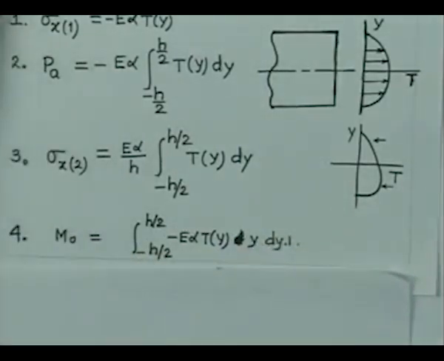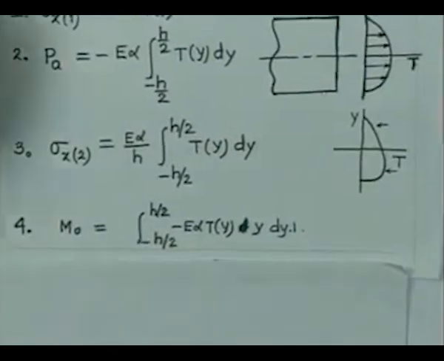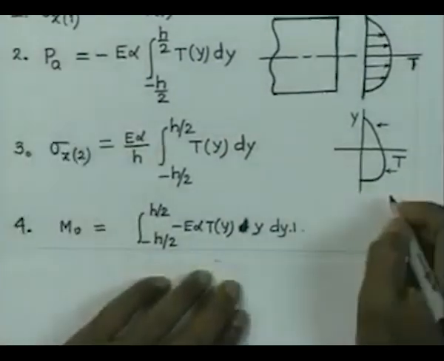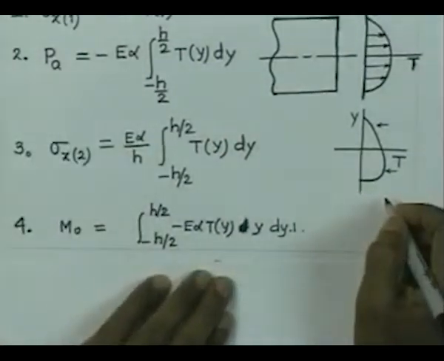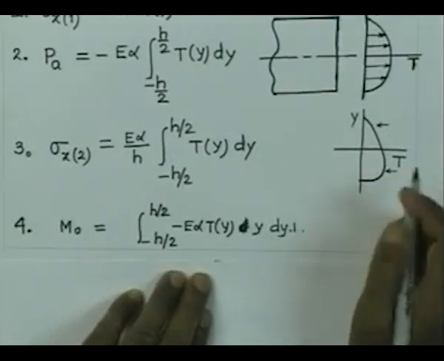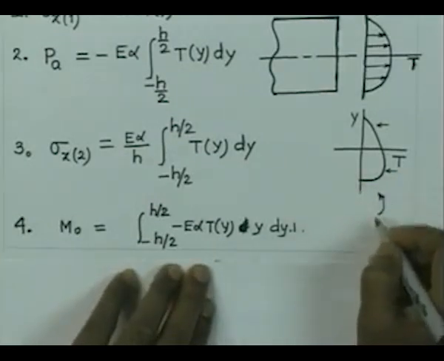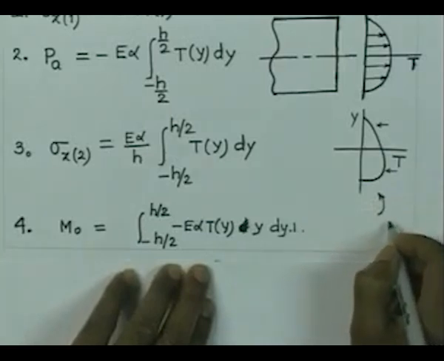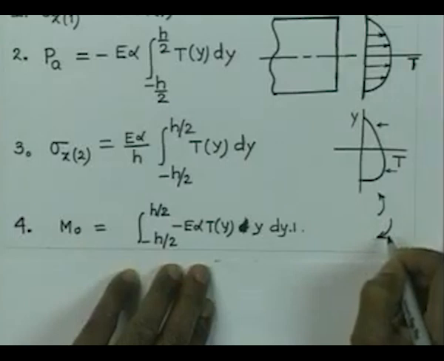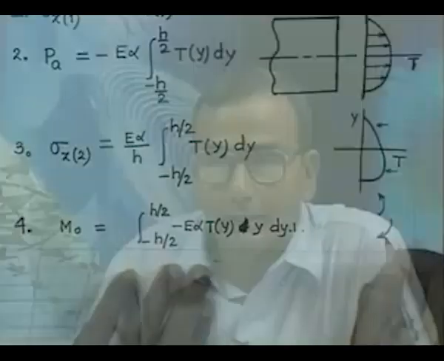If this moment is acting in a direction, let us say, like this, we have to cancel this moment, and therefore, we will apply a moment in the opposite direction, and the stresses due to this moment acting at the end can be calculated by the simple bending formula.